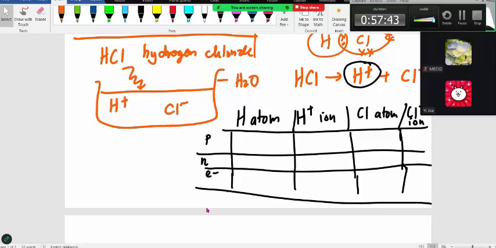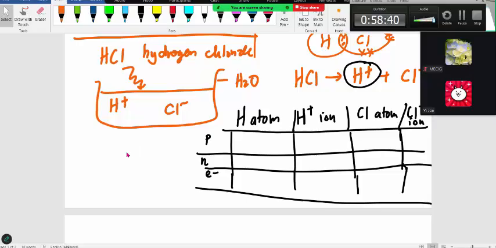Yes, or after they release the electron or gain the electron. Okay, give up.